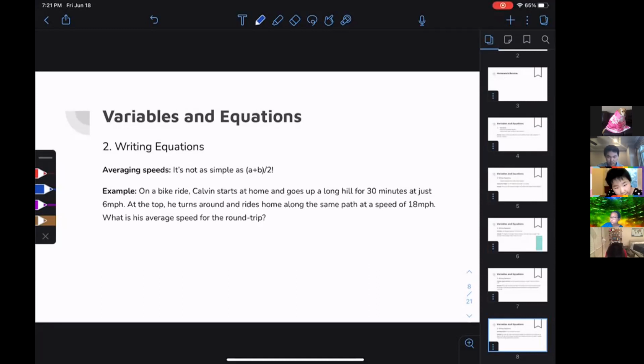So 1/6 of 60 minutes is 10 minutes. So it took him 40 minutes to go up and down because 30 plus 10 is 40. And then he went 6 miles.